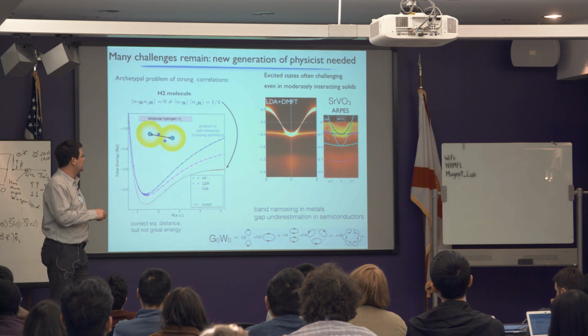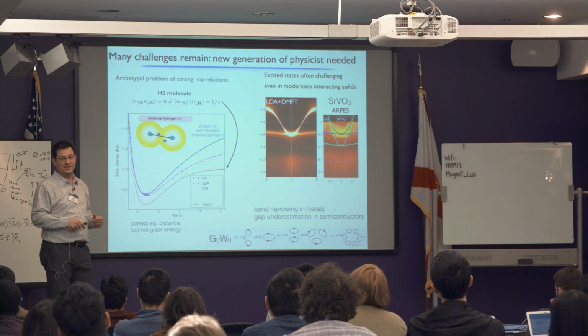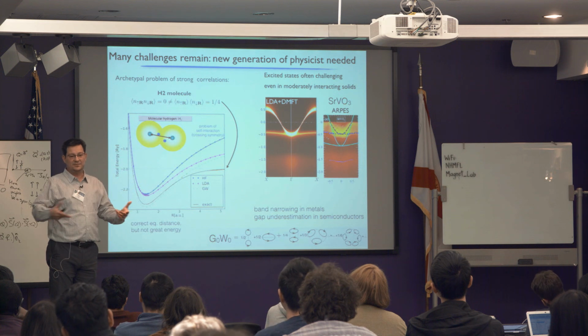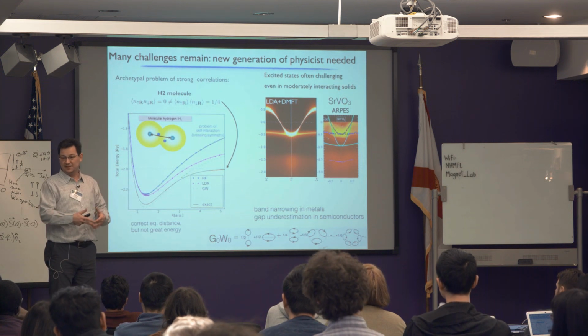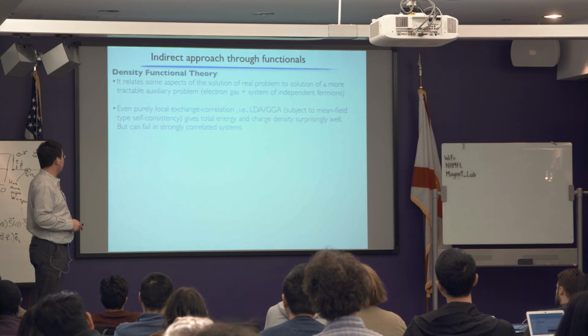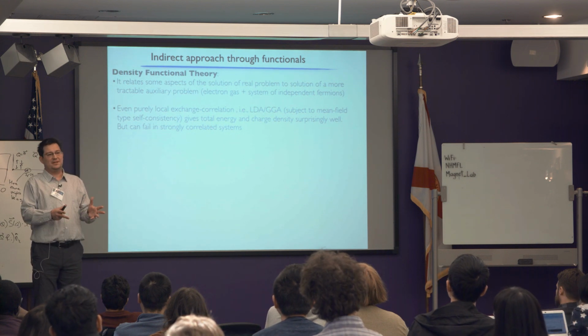But in addition to narrower bands, you also have some incoherent spectra, which is many times also seen in experiment. For example, this peak here is incoherent spectra that's left over because the quasi-particle peak doesn't have all the weight.